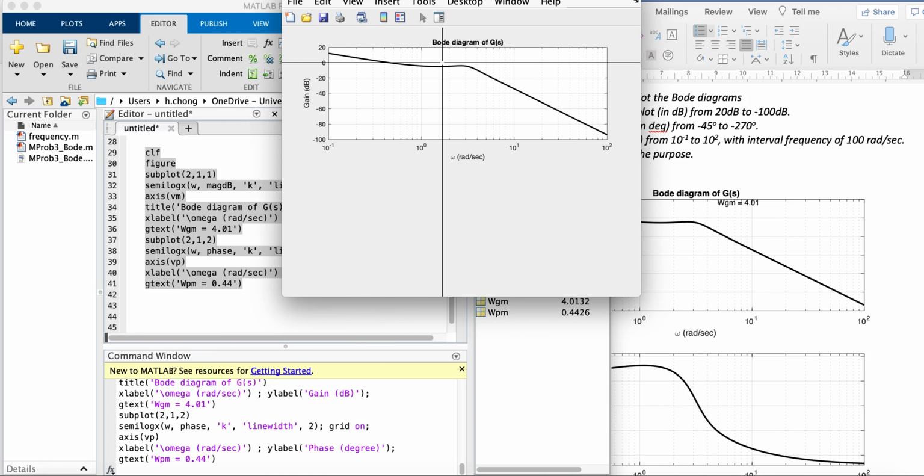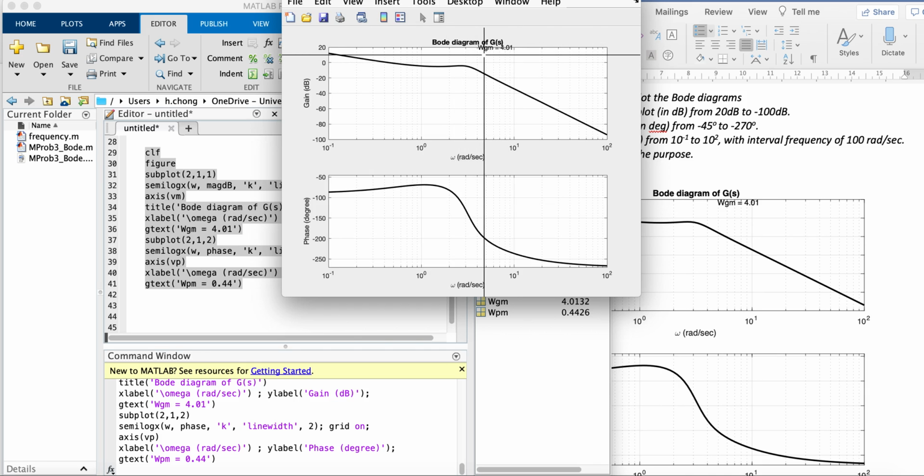Because you use gtext, you have to place the first one. Omega GM is 4.01. Where is 4? This is 10, so 1, 2, 3, 4, it's around here, 4.01. Oh, it's too high. The second one is the phase margin, 0.44. So 0.1, 0.2, 0.3, 0.4, 0.44, so let's say it's here.